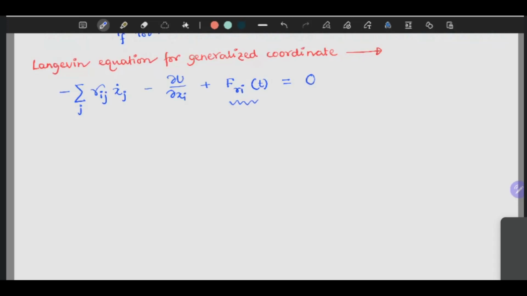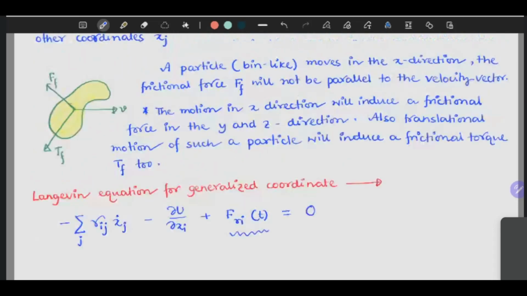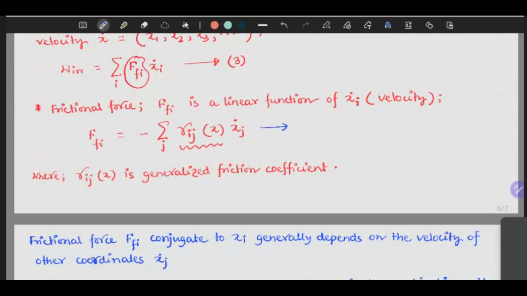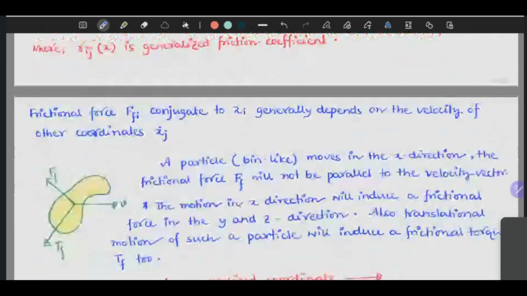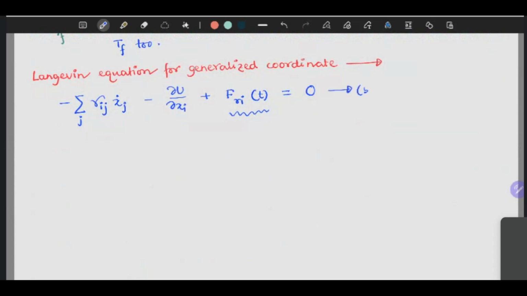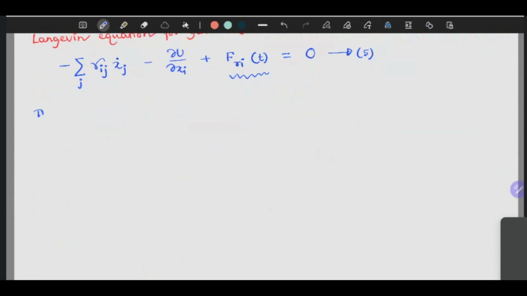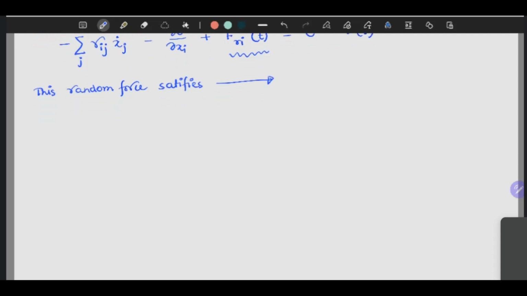So this is a random force for the generalized coordinate, and this specific random force satisfies the same equations that we talked about earlier.